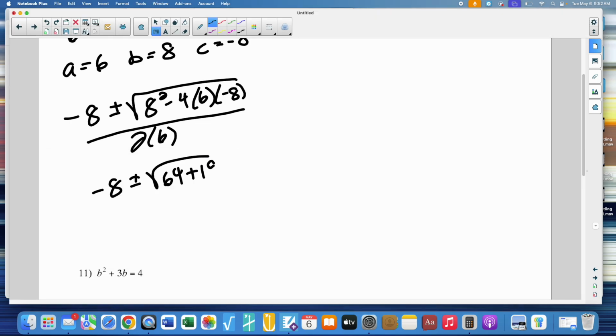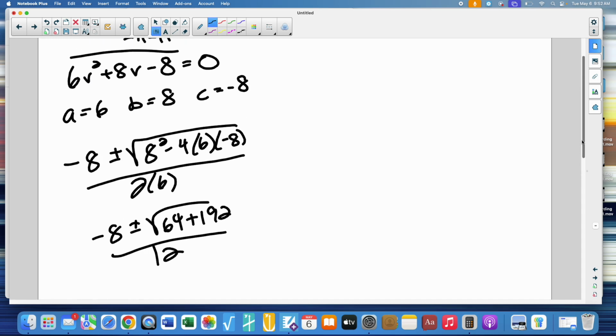That's a positive 192 over 12. Let's move this back up here a little bit, create some space. So negative 8 plus or minus 192 plus 64 is 256.